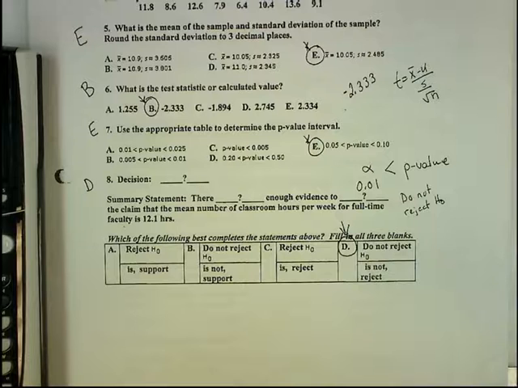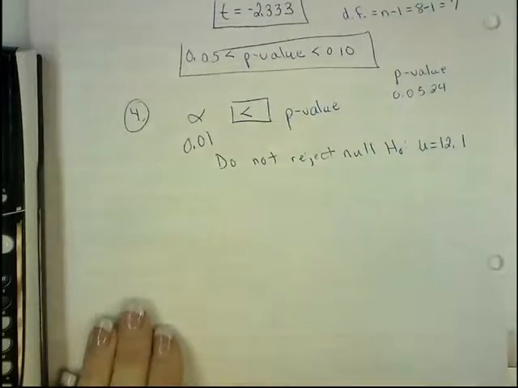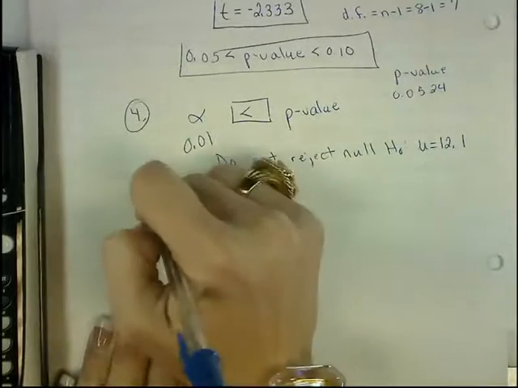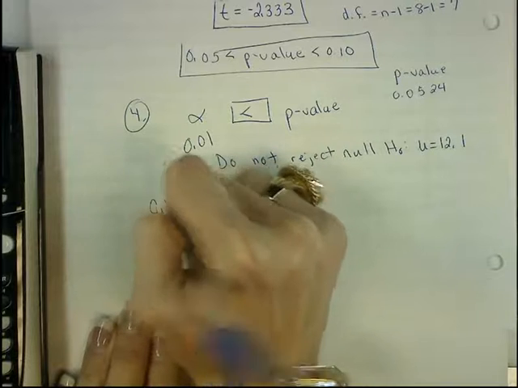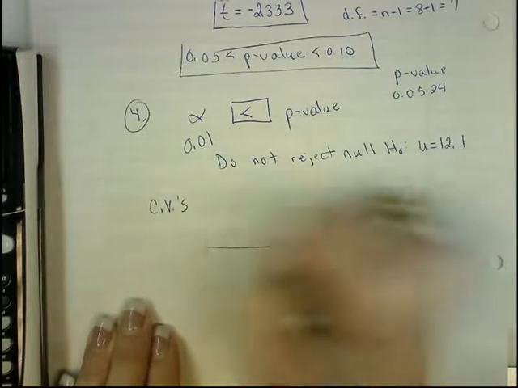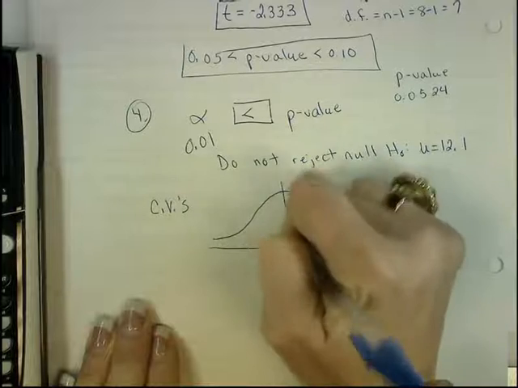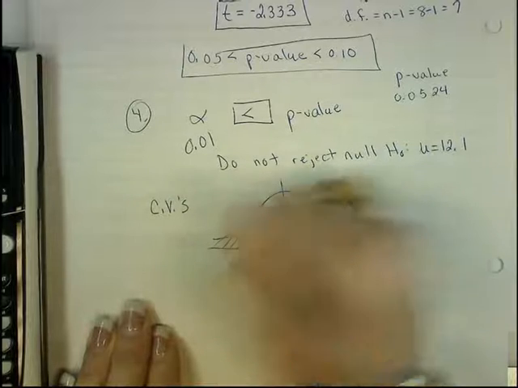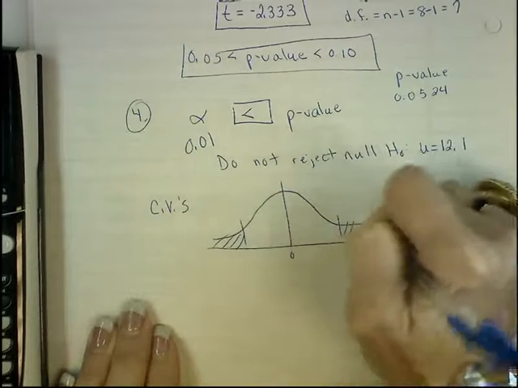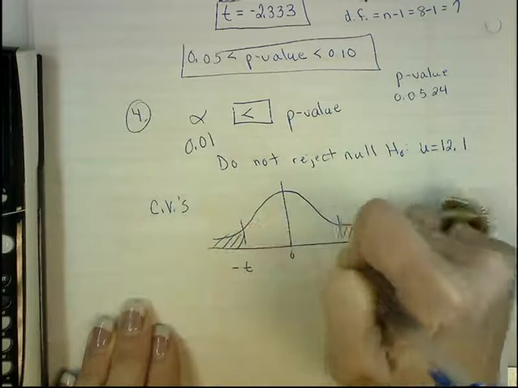One final thing you may be interested in is finding possible critical values if you wanted to perform this same test. What you would do is you would have two critical values. You draw your t-axis, shade your left tail, shade the right. You're looking for the plus and minus t.